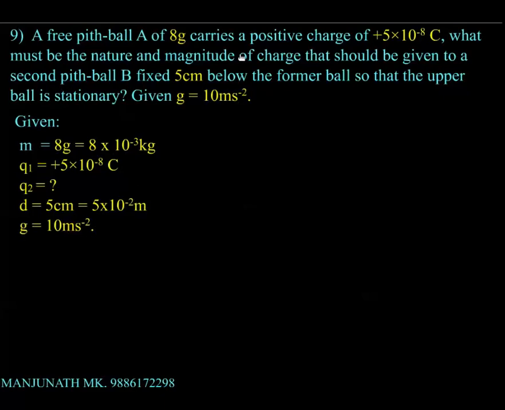Now let us understand the problem. Look here, there are two pith balls. One Q1 above this Q2. The distance between them is d, that is 5 centimeter. Now this Q1 has some mass, therefore it has weight. Gravitational force is given by mg. As Q1 and Q2 are of same type of charges, this Q2 repels Q1 in the upward direction, and it is given by F, electrostatic force.